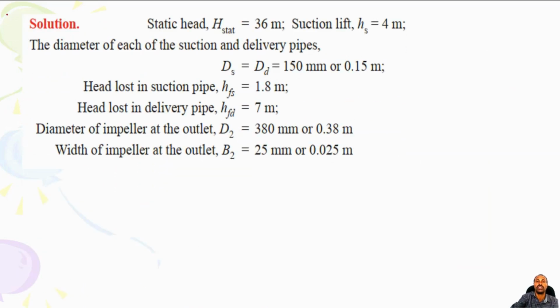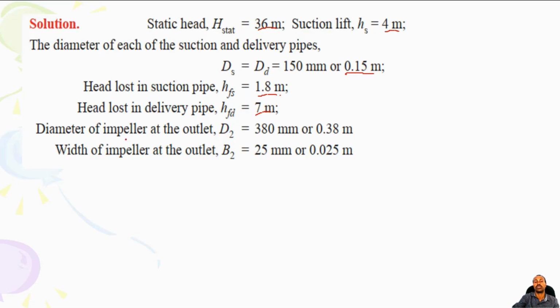Now, let us see the solution. Solution is very clear. So first, we have static head, which is 36 meter. Suction lift, we have HS 4 meter. The diameter of each suction and delivery pipe is the same, which is 150 millimeter, converted to meter, 0.15 meter. Then the head loss in the suction pipe is given already, we have HFS 1.8, HFD 7 meter.